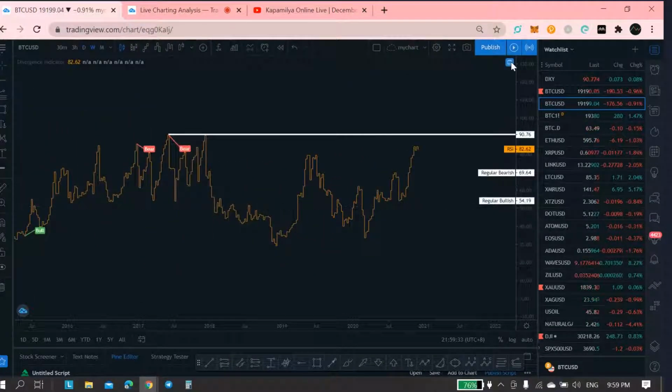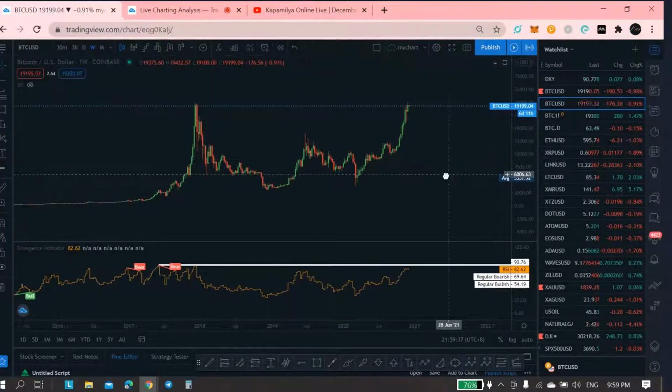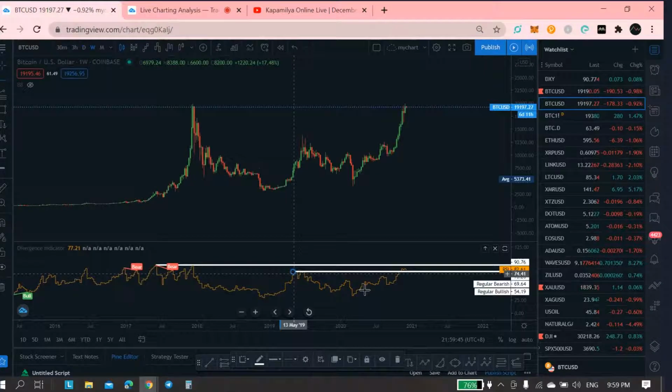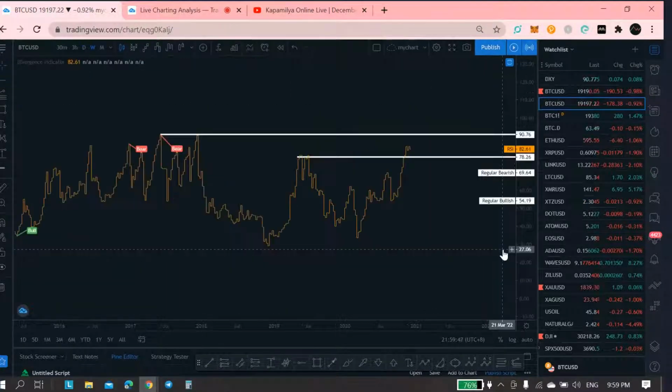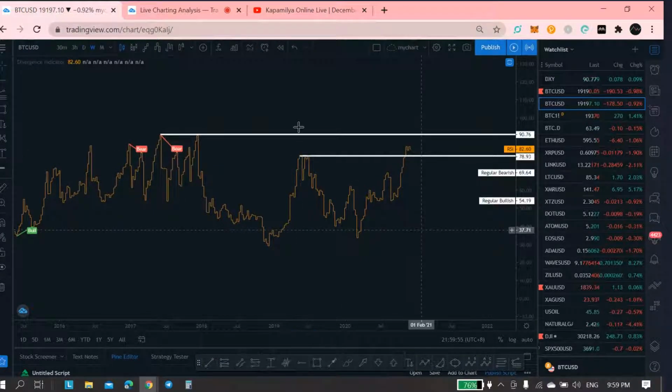So let's see how it goes. And on the price, wait, let me just. So that's the possible resistance, the 91. And here, possibly this one. I'll use this one, the previous resistance, and possibly become the support area, which is the 78.